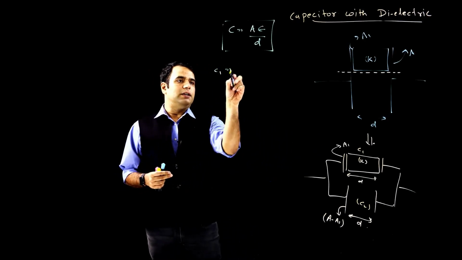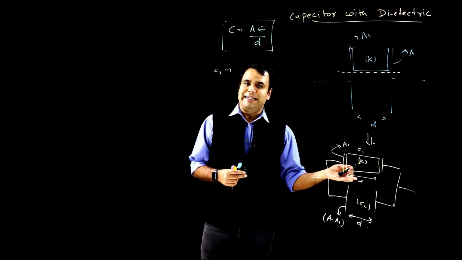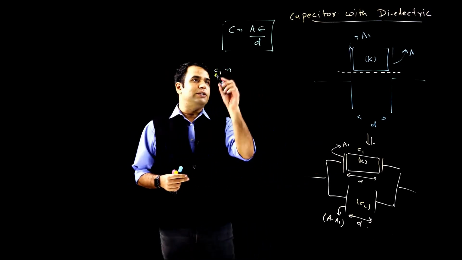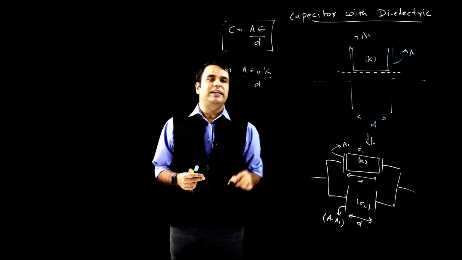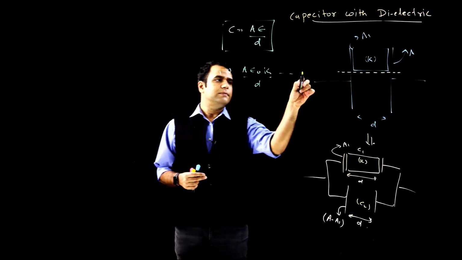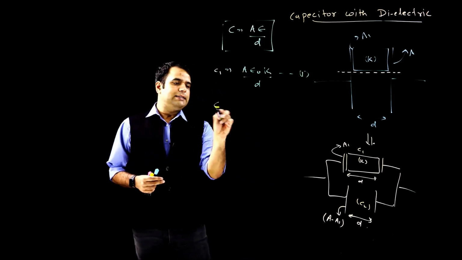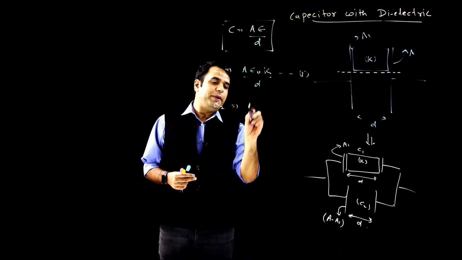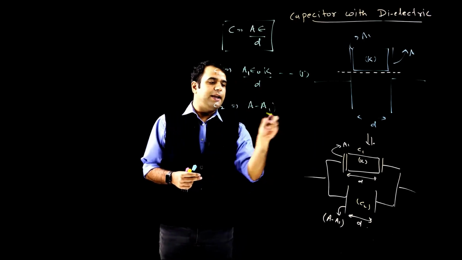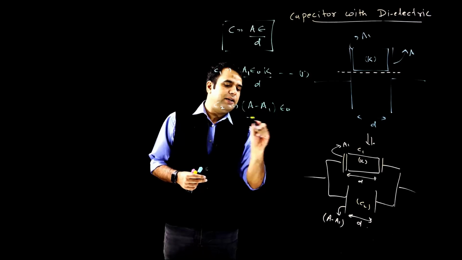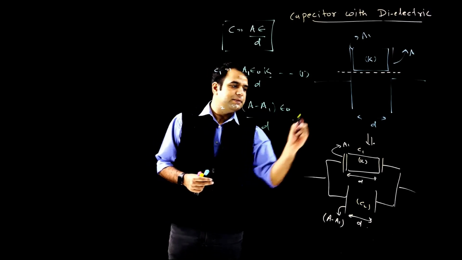For C1, it is filled by the dielectric of dielectric constant K, so C1 will become A1 epsilon naught K divided by D. And C2, which is filled by air, will become (A minus A1) epsilon naught divided by D.